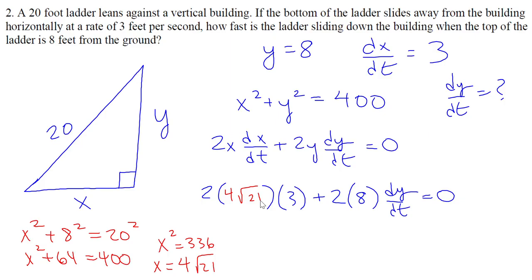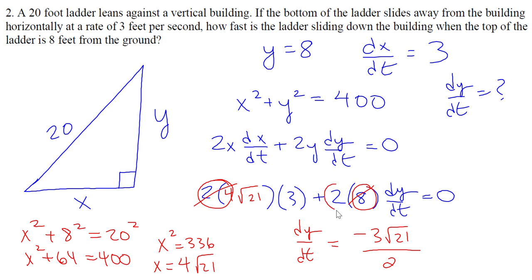Shouldn't be that bad here. The 2 times the 4 here is an 8, and this has also got an 8. So when I bring those over and simplify, we should be able to cancel out those 8s. So really what we end up with is dy/dt is equal to negative 3 root 21 divided by this 2 right here. I will subtract this to the other side and then divide by 2. And our units here are feet per second.